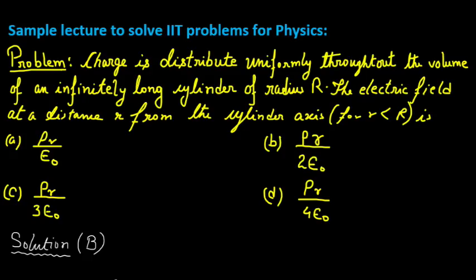Problem: charge is distributed uniformly throughout the volume of an infinitely long cylinder of radius R. The electric field at a distance r from the cylinder axis, for small r less than capital R, is: A, rho r upon epsilon naught; B, rho r upon 2 epsilon naught; C, rho r upon 3 epsilon naught; D, rho r upon 4 epsilon naught.